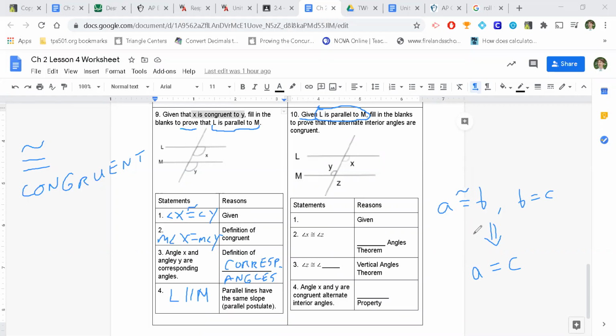If A is congruent to B and B is congruent to C, then A is congruent to C because of what property? Reflexive, symmetric, or transitive? Transitive. That's right. So that's the transitive property. X is congruent to Z. Z is congruent to Y. That means X and Y are congruent because of the transitive property. Isn't that fun?